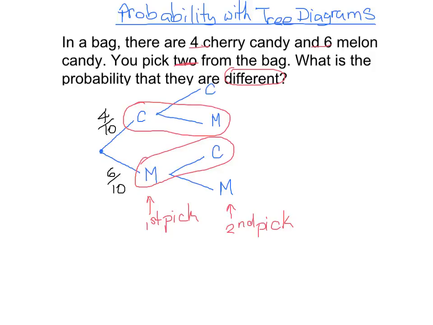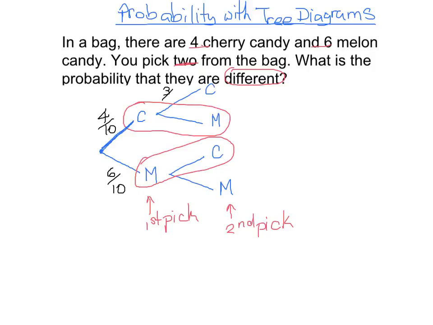Now let's look up here, where we have our cherry candy. If you had first picked a cherry candy, so if you had gone up that branch and picked a cherry, you'd have 1 fewer cherry. So instead of having 4 cherry, how many cherry would you have now? You would have 3 cherry if you picked a cherry.